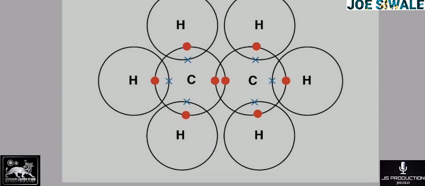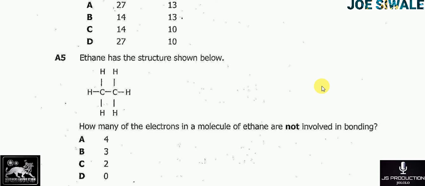If you draw the bonding of ethane, it is going to look in that way, and you are going to observe that each and every electron is involved in bonding. Let us look at the multiple choices. A 4, B 3, C 2, D 0. So it's D, which is 0.